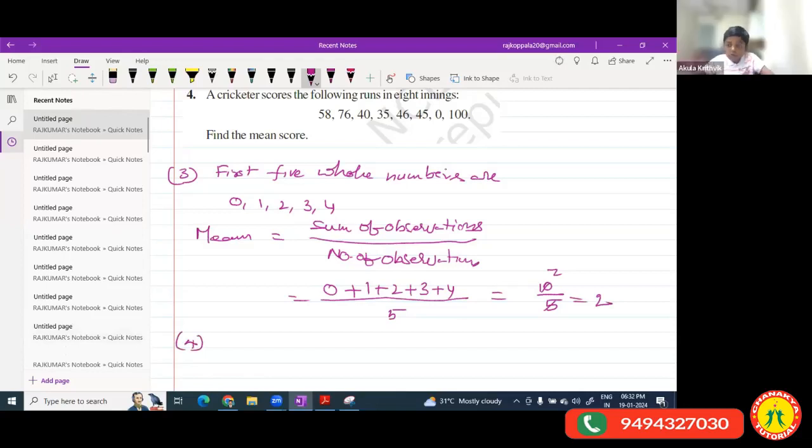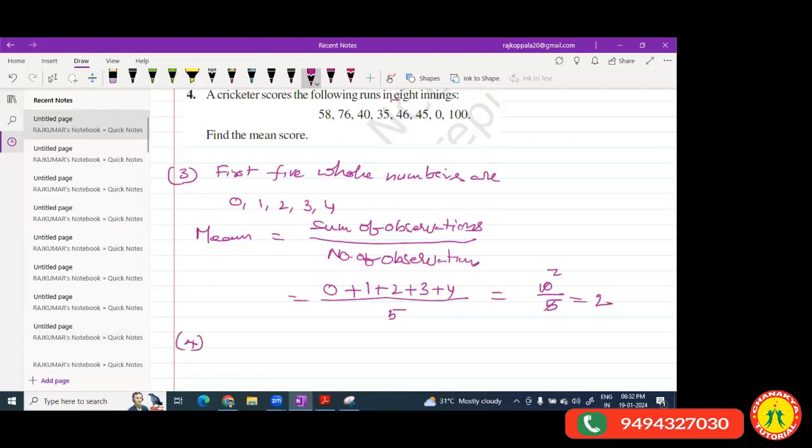Then the fourth one. A cricketer scores the following runs in 8 innings. First innings 58, next innings 76, like that he scored in 8 innings. For that, we have to find the mean. So mean is equal to sum of observations by number of observations.